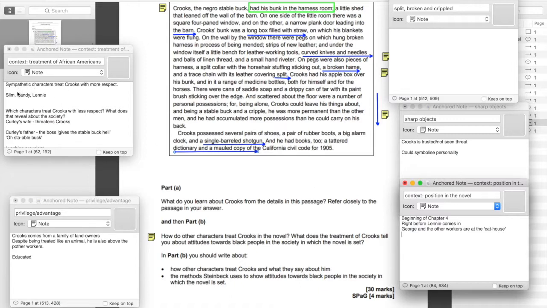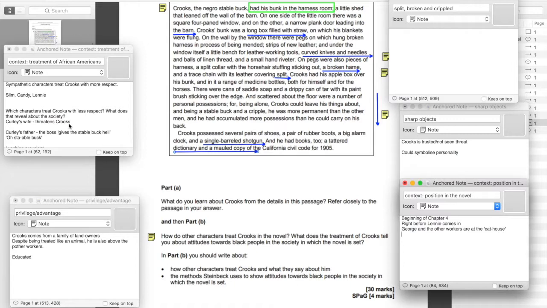Firstly, we've got this idea that sympathetic characters treat Crooks with more respect, and that some of them treat Crooks with less respect. Personally, I would choose to focus on a specific character. I'm going to choose to focus on Curly's wife, because there's a lot more detail there about how he's treated, and it ties in with this chapter, and I can talk about it really easily.